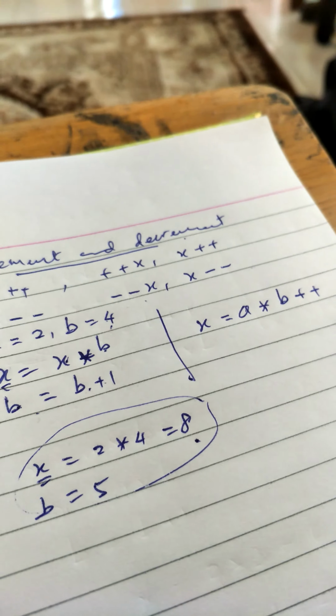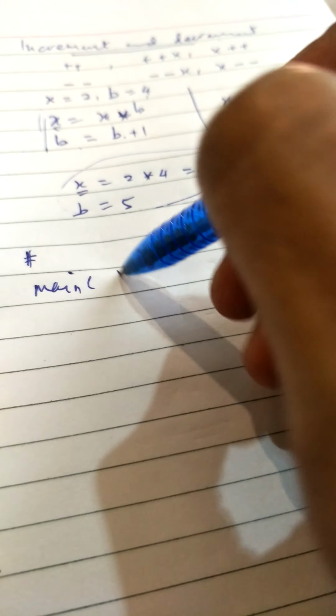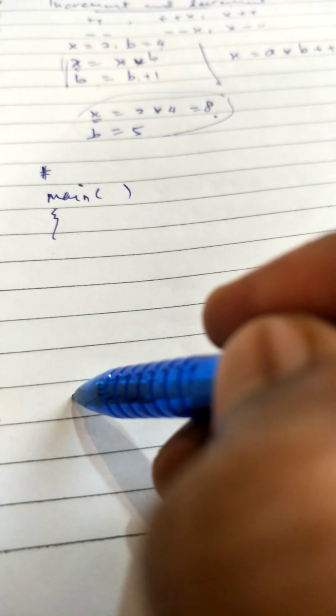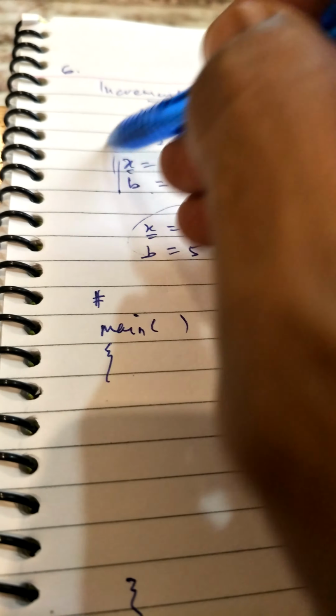All right. If you still cannot see this, let me give you a full example. Let's say you have include here, right? You have include standard input output, and you have include math. Then we begin with main, and we have those things, and down there we have that. In between there, let's say I want to do this.